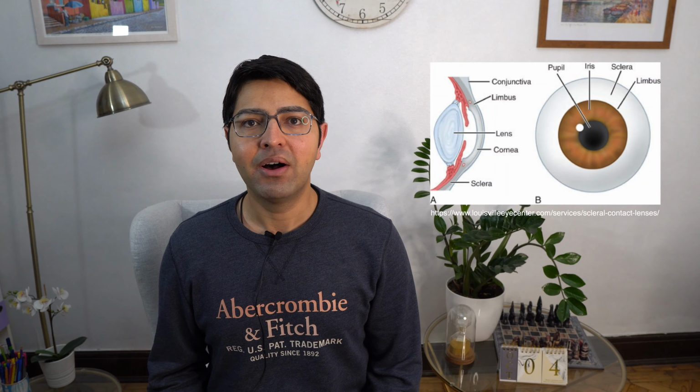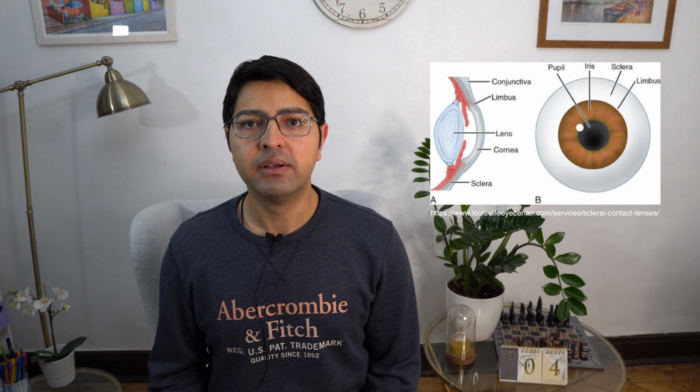So the first thing to talk about is what conjunctivitis actually is. In order to understand this better, we must first completely understand what the conjunctiva actually is. When we look at somebody's eye, the white part of the eye actually has a transparent layer covering it on the top. This can be thought of almost like a layer of cling film on top of the white layer of our eyes.